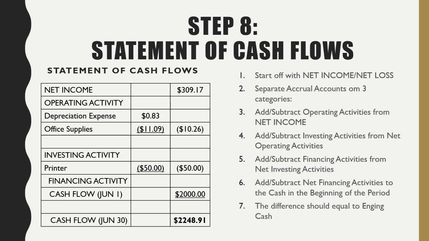If you remember, the purpose of the statement of cash flows is to look at how much money you're actually earning through the net income, but how much of that did you actually receive cash for?